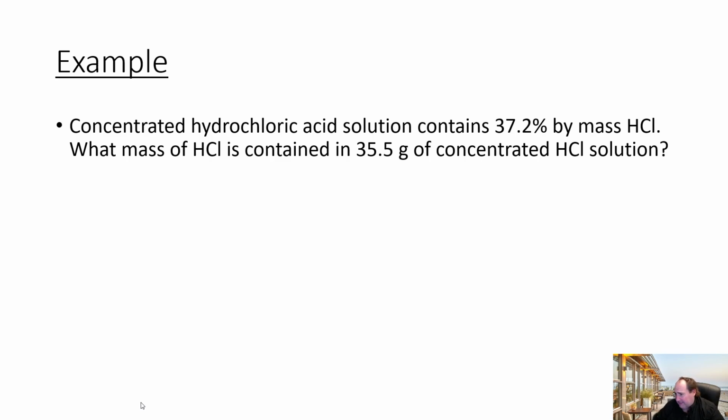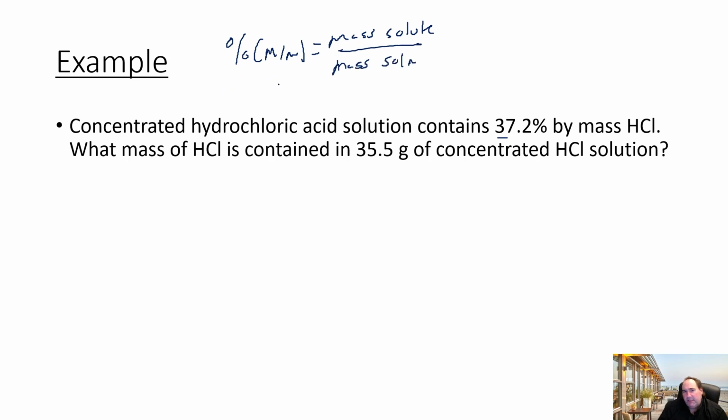So take a few moments and see what you come up with on this one. All right, let's take a look and pull out some information. Clearly we have the mass percent given to us, and so we're going to be using the mass of our solute divided by the mass of our solution times 100%.